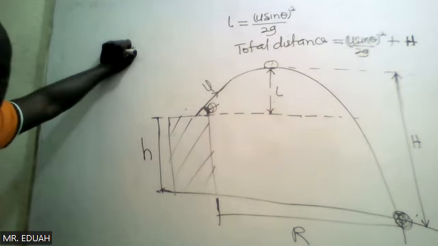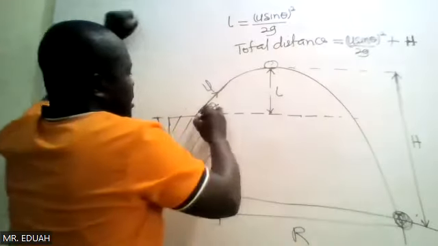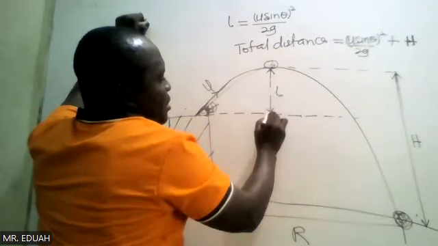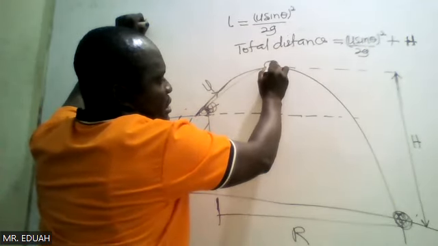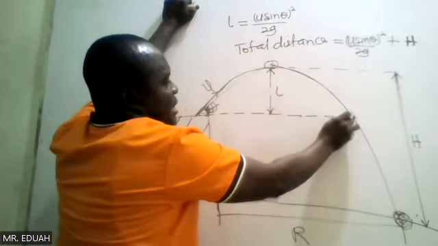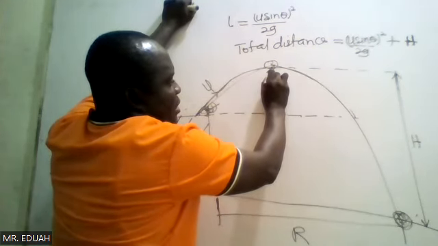Or, another way: I will go through this height, move from here to this point, then this height again, so it has covered this side here.